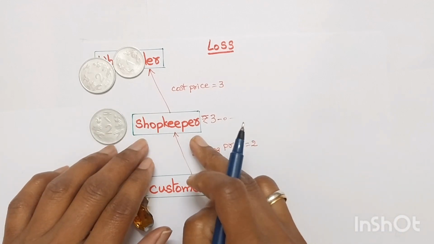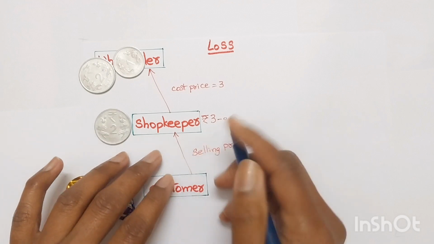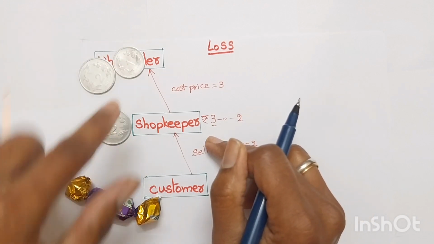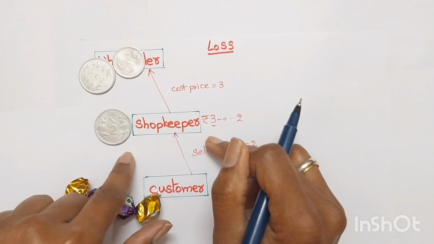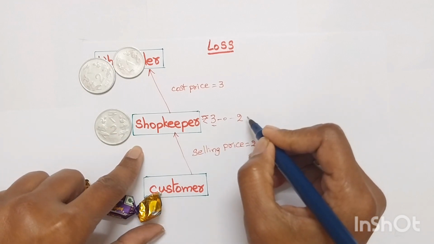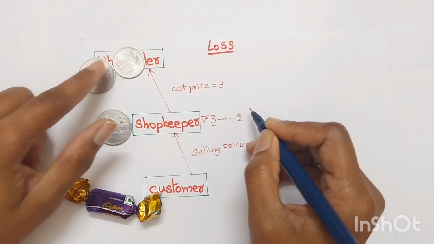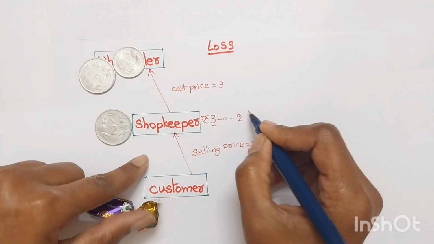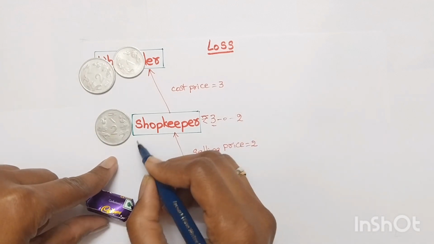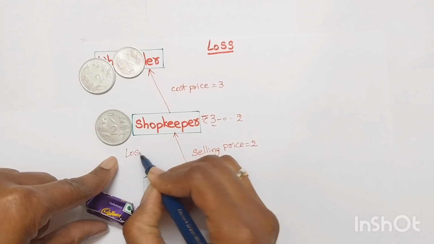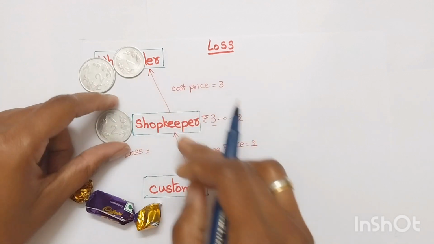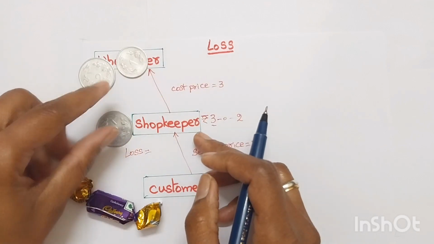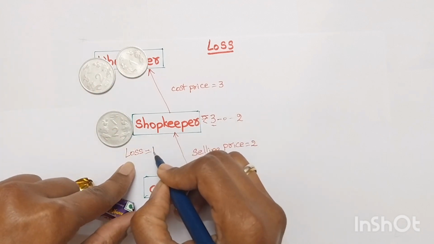Now how much amount does the shopkeeper have? 2 rupees. But his original amount is 3 rupees, and now he has 2 rupees only. So there is less amount with him. He lost 1 rupee. Losing money is called loss. He should have had 3 but he missed 1 rupee, so the loss equals 1.